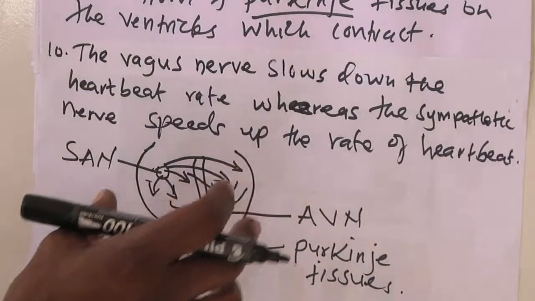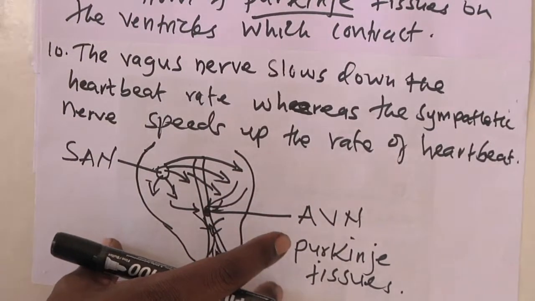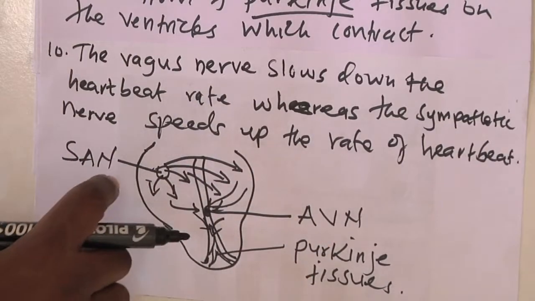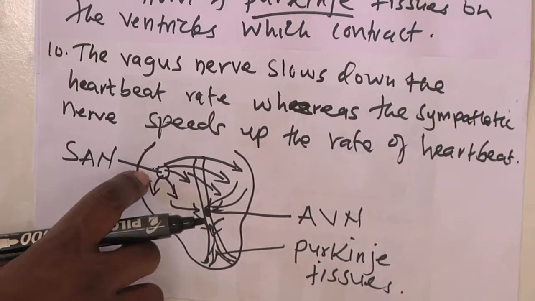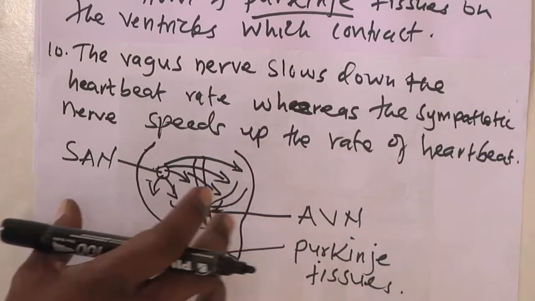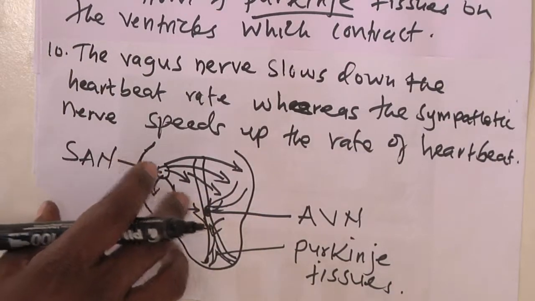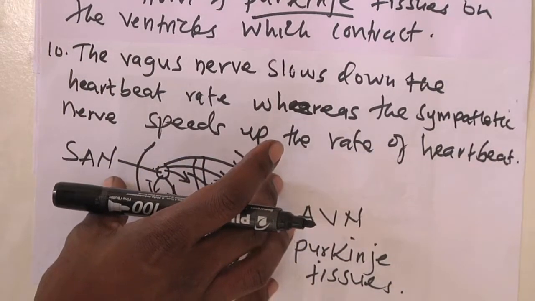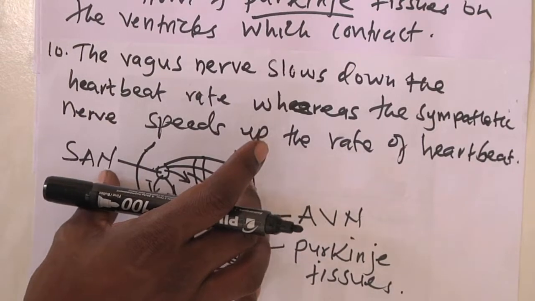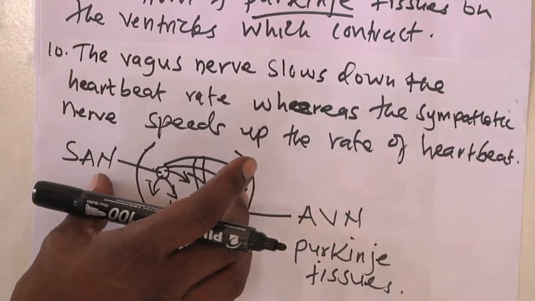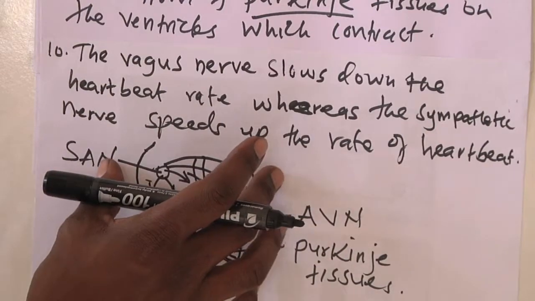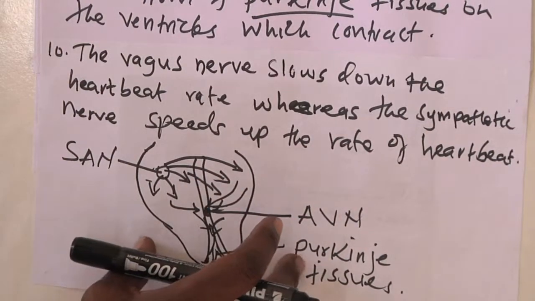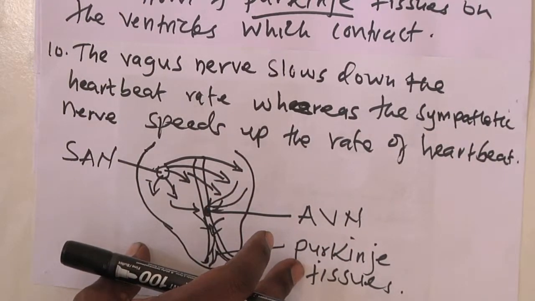And this is what brings about the heartbeat rate. It originates from the sinoatrial node, whereby the waves of contraction spread along the auricles. So all the auricles are going to be contracting at the same time. And as they contract, the ventricles are relaxing at the same time.